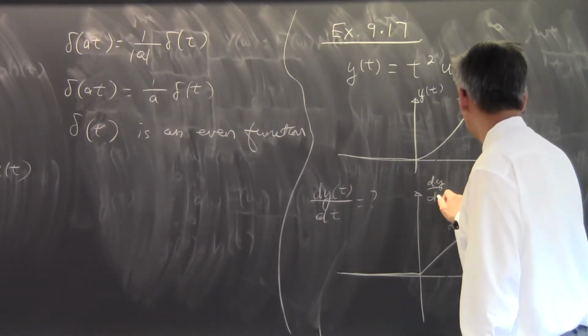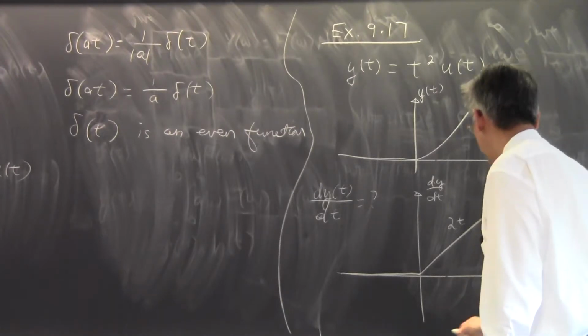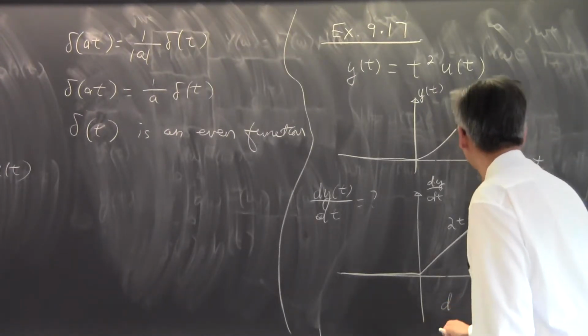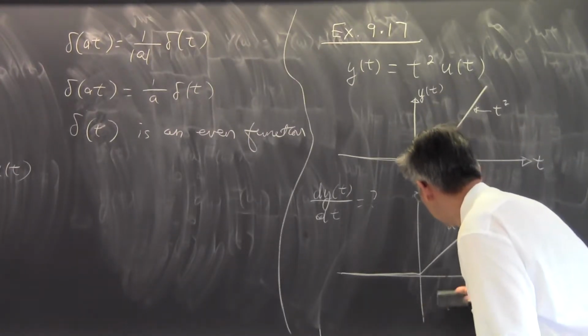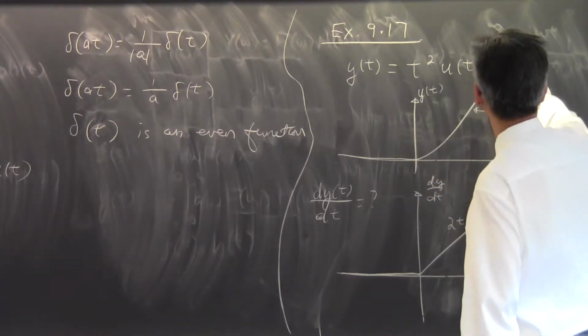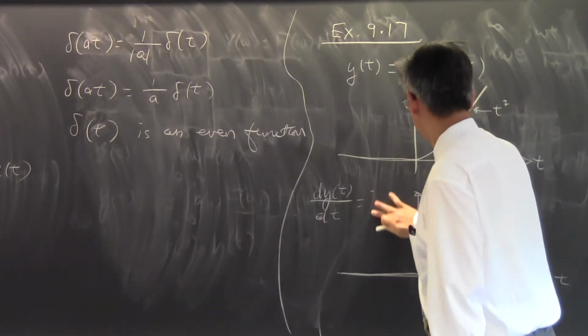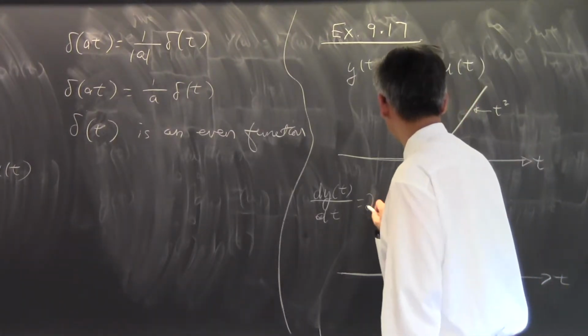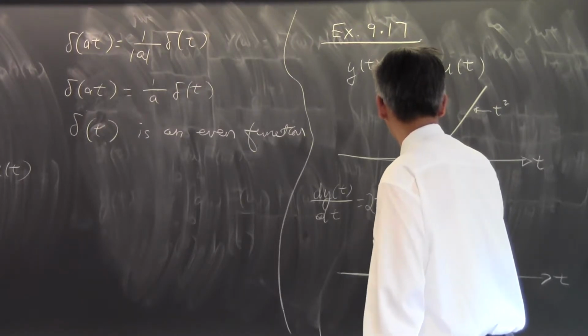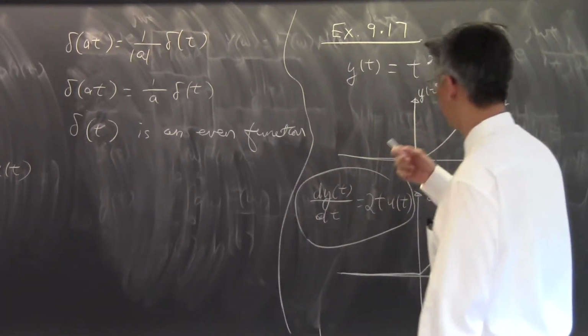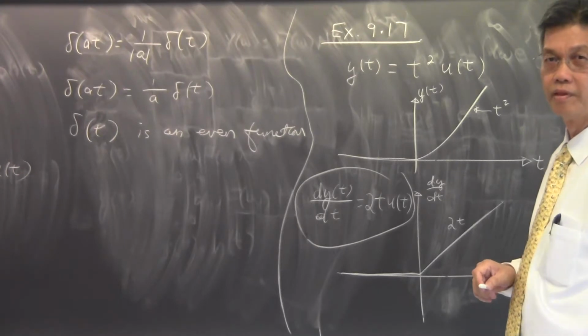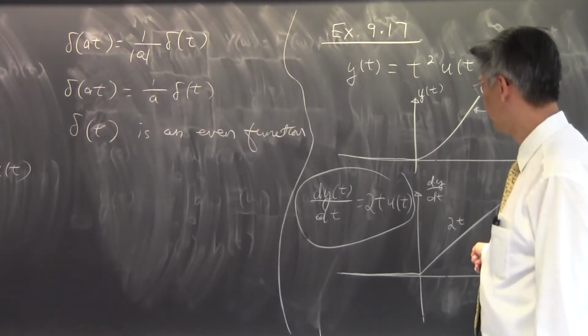The linear function of t. So the answer must be, let me write it up here, since it might be too low down for some of you to see, 2t u of t. Okay, this is my intuitive answer. It must represent this function.